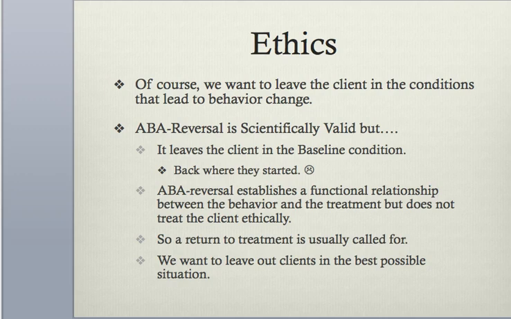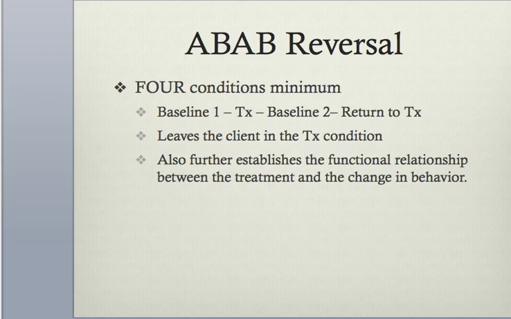The ABA reversal design establishes a functional relationship between behavior and treatment, but it doesn't actually end up treating the client ethically. So typically, we require a return to treatment so that we leave our clients in the best possible situation. So while the ABA design is effective and scientifically valid, we prefer to use the ABAB reversal, which has 4 conditions minimum.